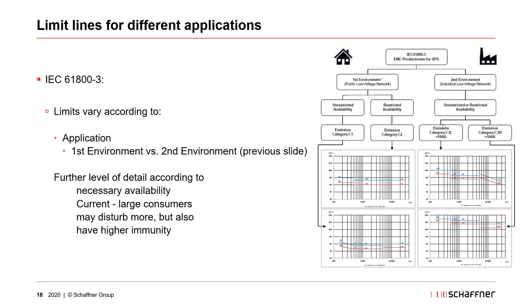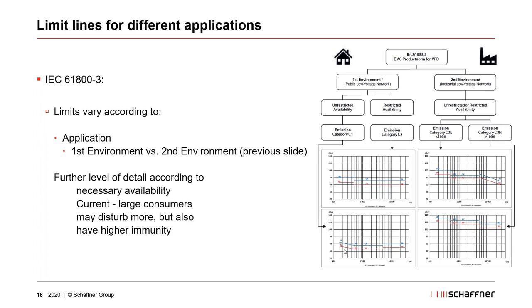For the second environment, the industrial, we have C3L, which means low, below 100 amp nominal current. And we have emission category C3H, which stands for high, with a very high power rating. So you see, going from C1 to C3H, the limits are rising substantially.